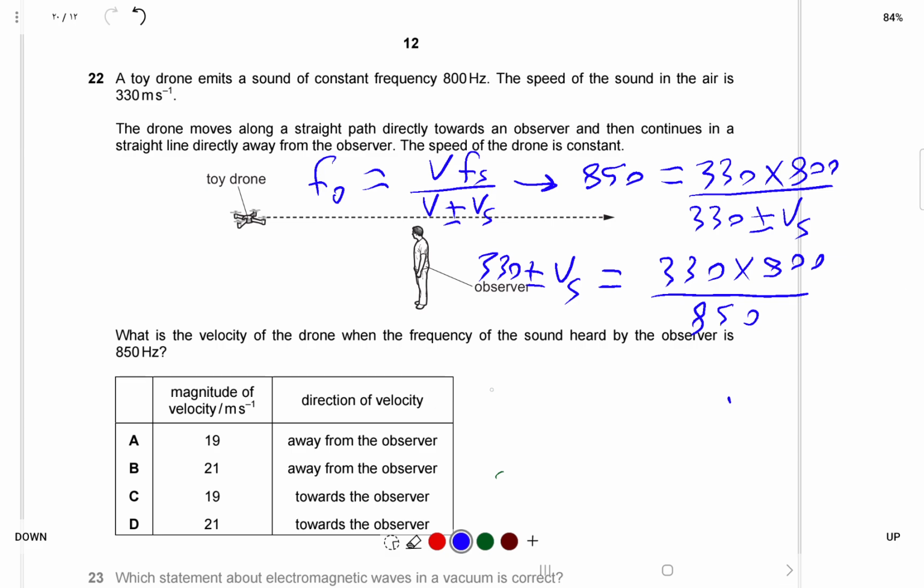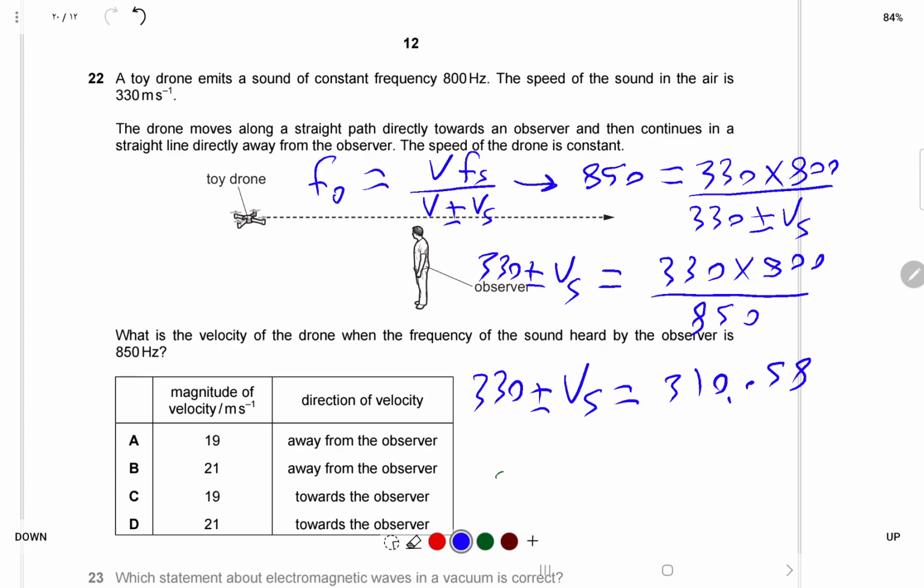Now on the calculator, let's calculate this: 330 times 800 divided by 850. So here you get 310.58.